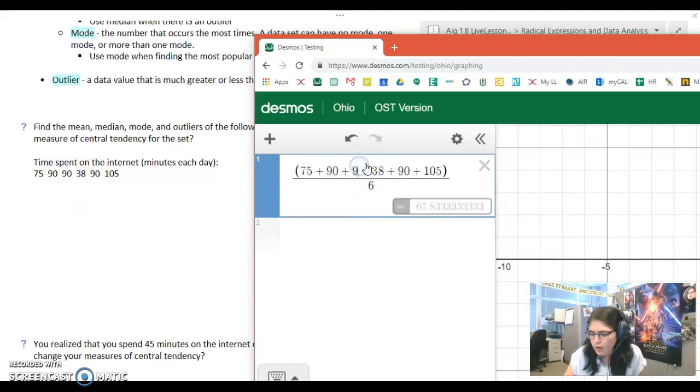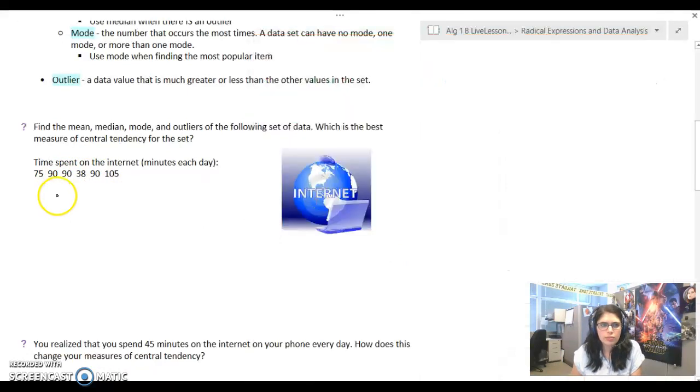It looks like I put 9 instead of 90. Always check your work. Yep, divide by 6. 1, 2, 3, 4, 5, 6. And our average is 81.3. 81.3 for our mean.